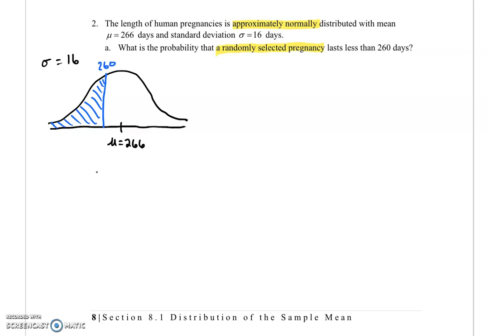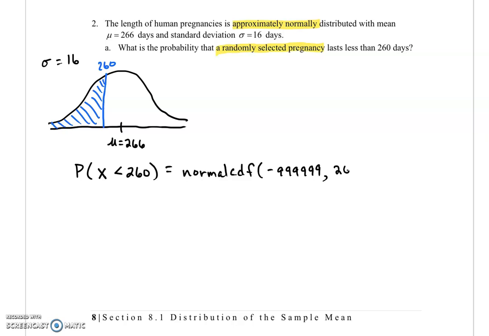So the probability, now this time we just use an X because we do not have a sampling distribution. We're only finding the probability of a single pregnancy. So X is less than 260. So as always, we use normal CDF. Lower boundary is negative 6 nines.